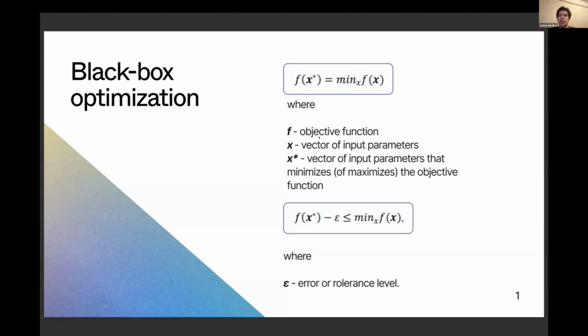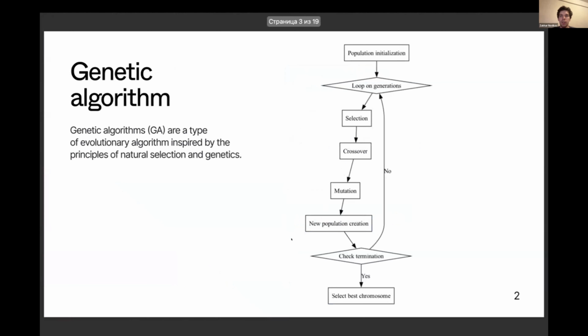To make the task more practical, we transform this equality to an inequality, which means instead of finding an exact solution, we aim for an approximate one within an acceptable margin of error, denoted here as epsilon.